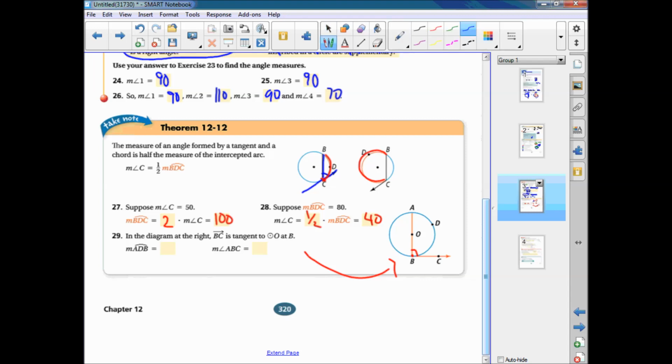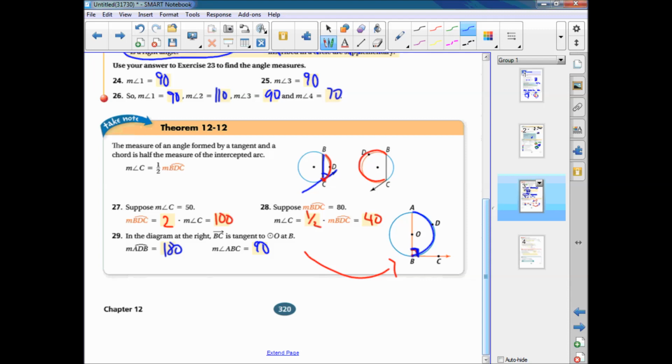So this arc that goes with it. Okay. So if the angle is 90, the arc is going to be twice as much, so it would be 180. Okay, so what is the measure of angle ABC? That one's going to be 90. Okay, we used that to get our arc just a second ago. And that's because a line of tangency to a circle is going to form a right angle at the point of tangency.